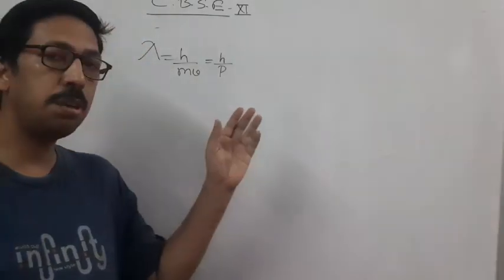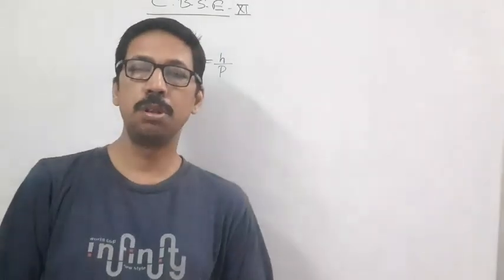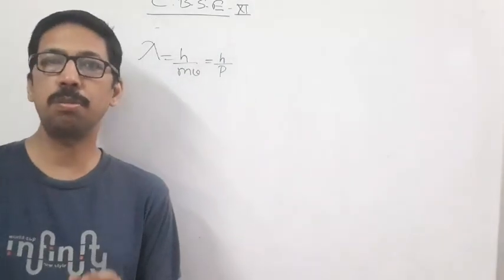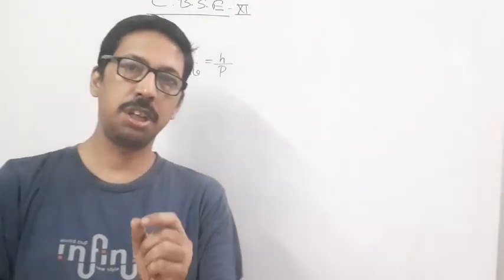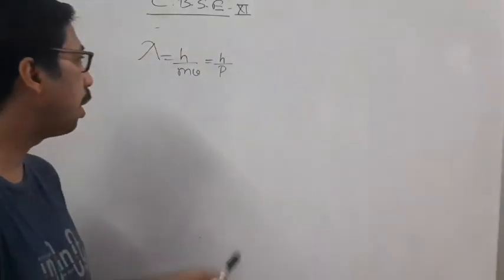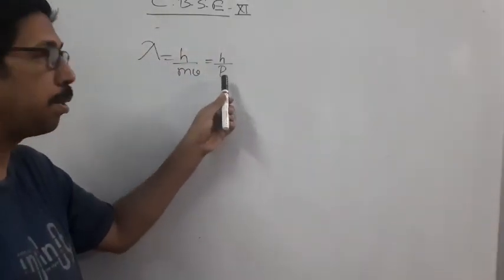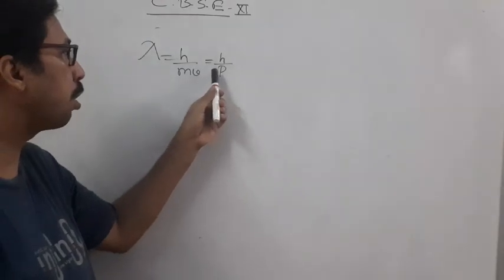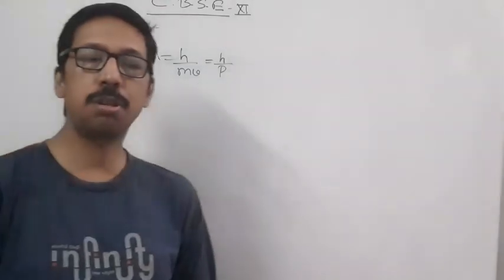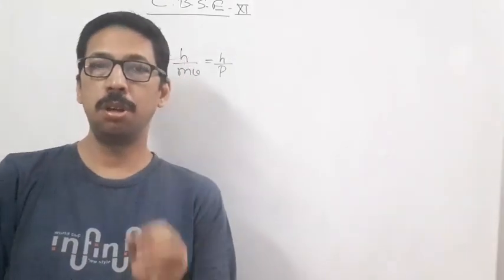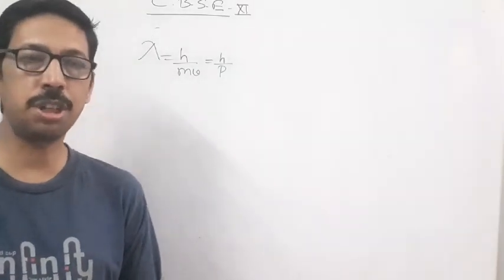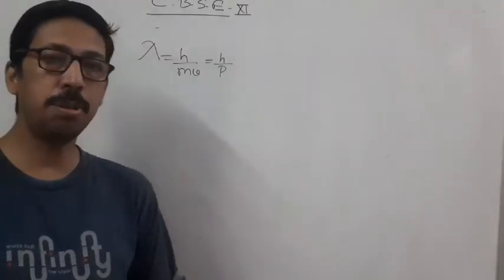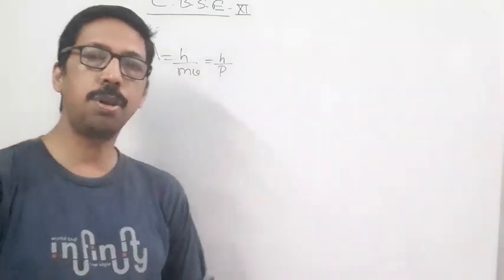Now, by the definition of momentum, we know that the product of mass and velocity is equal to momentum, represented by the symbol P. So this equation transforms into lambda is equal to h by P, where h is the Planck's constant, P is the momentum, and lambda is the wavelength.